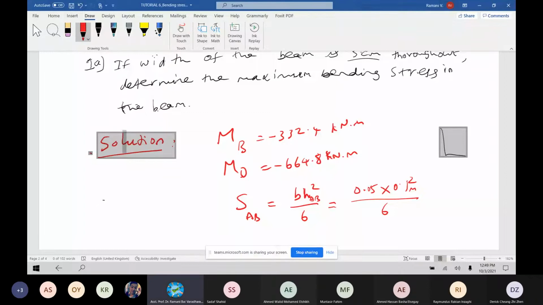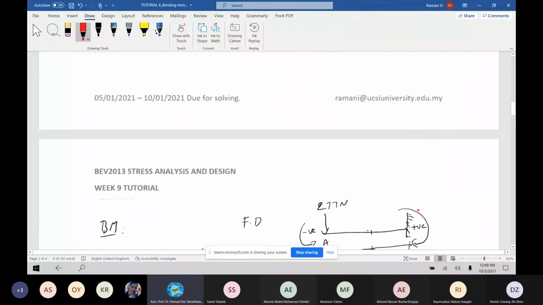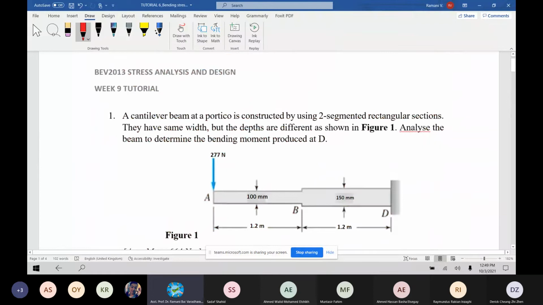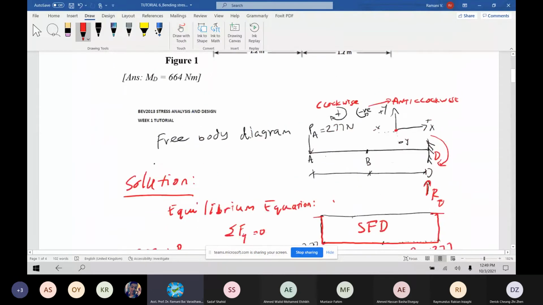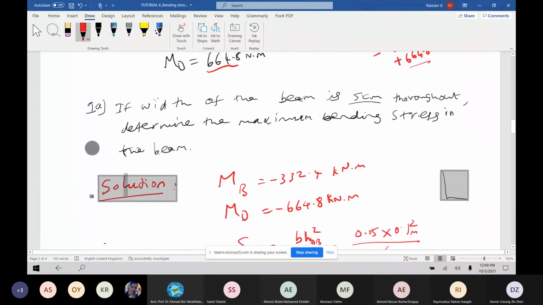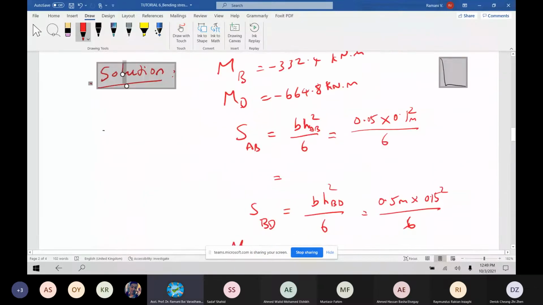Just be active. 0.05 is B, and H is the depth of the beam. It's already here. Depth of the beam is 100. I'm finding the value at AB, so I substitute the value for AB. The depth is 10.